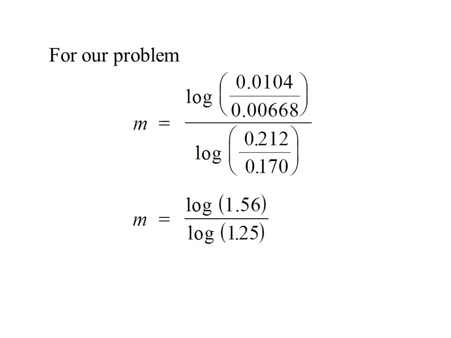I'm not real good with logs, but I eventually get around them. So if you would crunch this on your calculator, you would get a nice, pretty integer-ish 2. So that's the reaction order of Q, and that's what we were after.